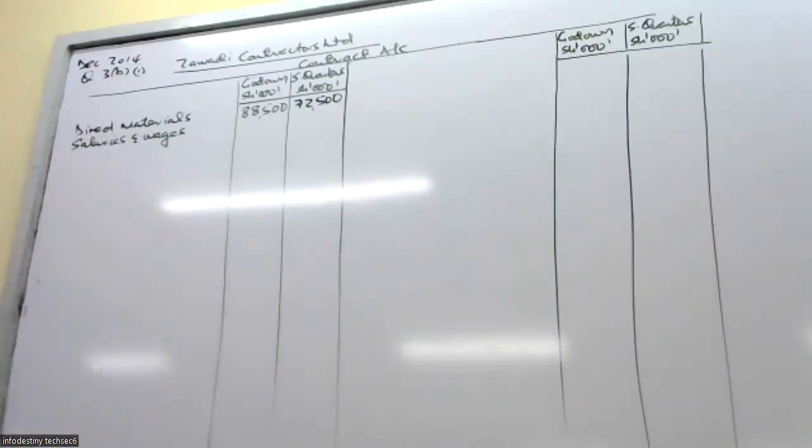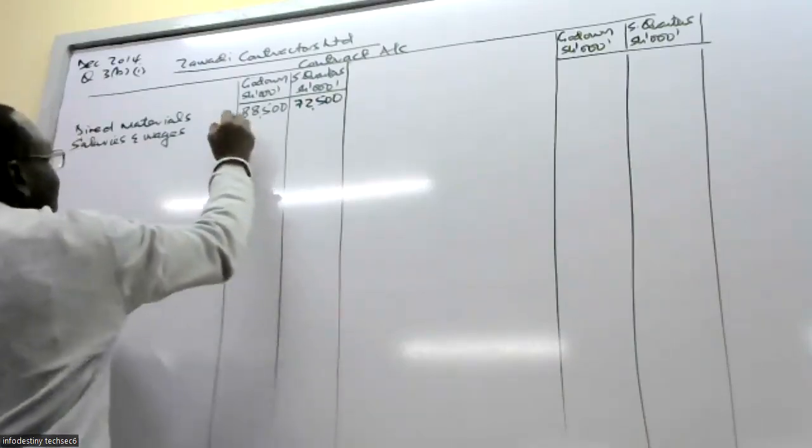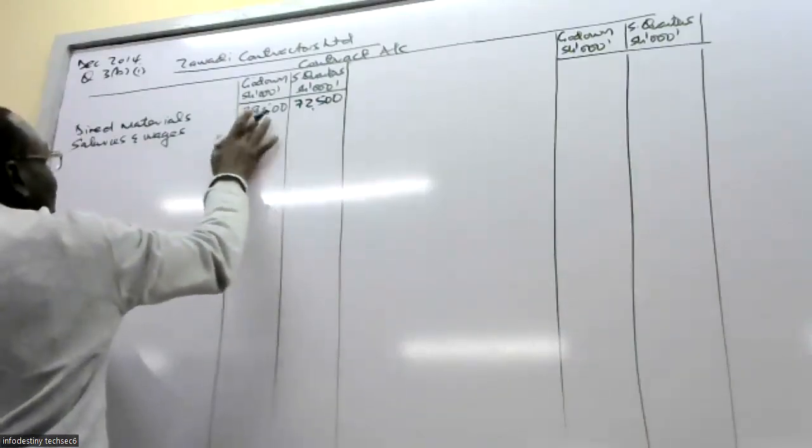Isn't it? So I take 175, that is cash transactions during the year, minus 2,000, that's the accrual opening balance, plus 1,200 accrued by the end of the year. This is 174,200.